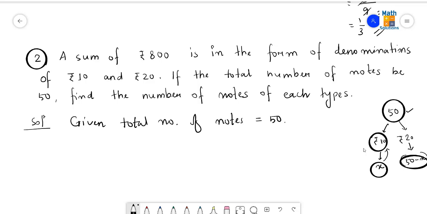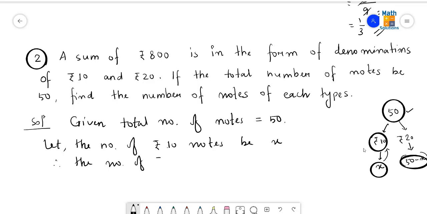After that, I shall write, let the number of rupees 10 notes be x. Hence the number of rupees 20 notes is equal to 50 minus x. So this is the total number of notes for rupees 20.